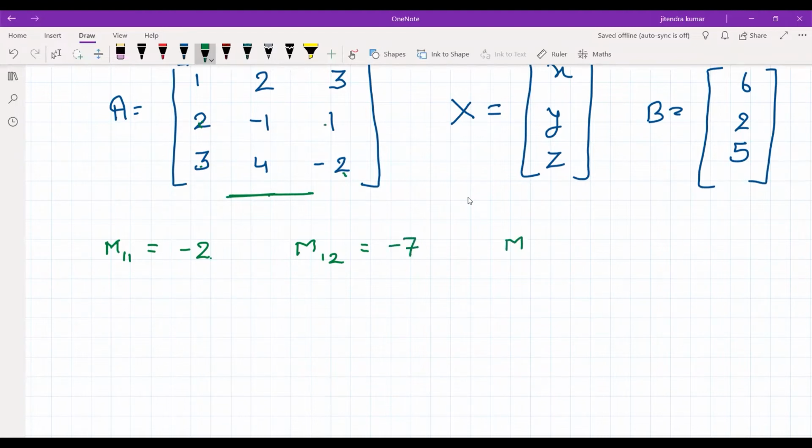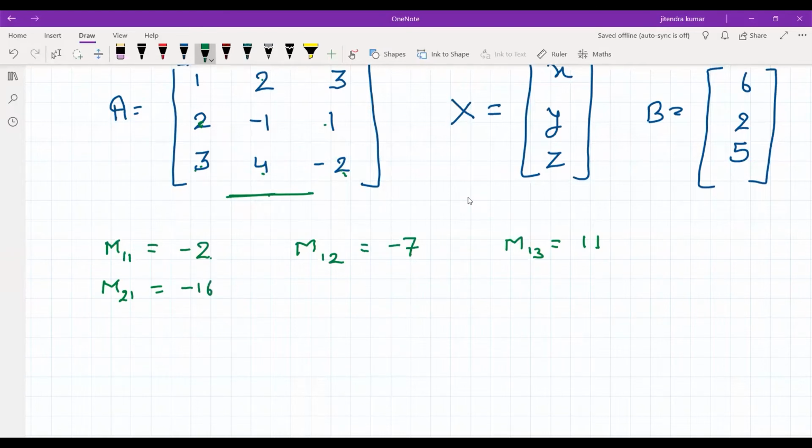Then M13 will be equal to 8 + 3, that will be equal to 11. Then M21 will be 2 into -2, which is -4, and minus 12. -4 and -12 will be equal to -16.